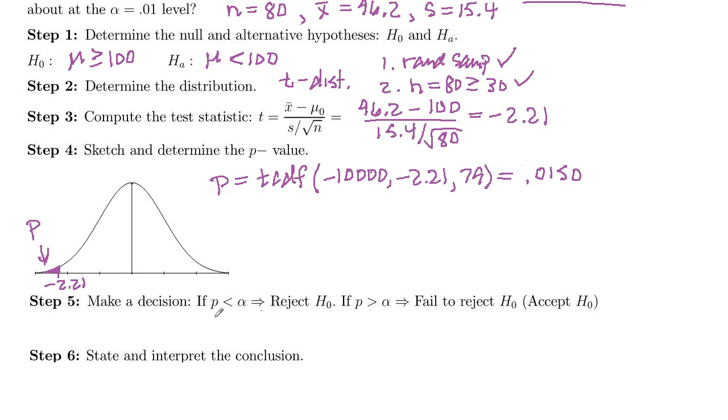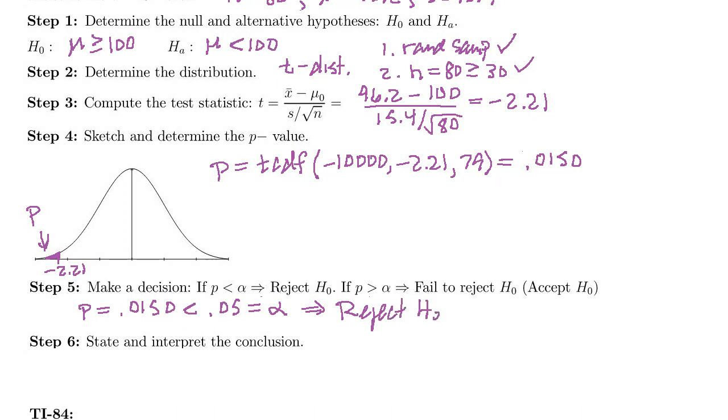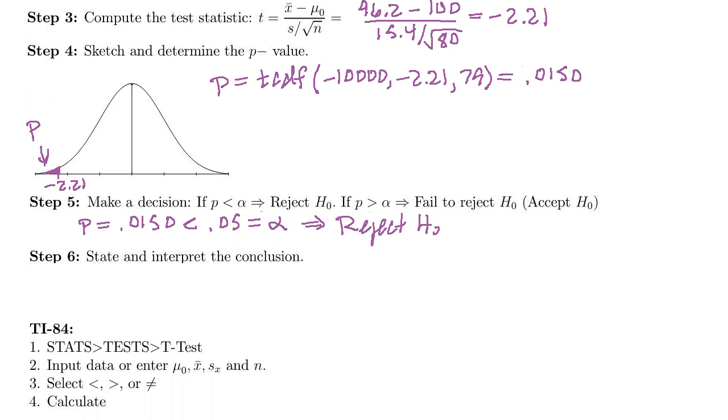Make our decision. So our p-value here is 0.015, and that is less than our alpha right there, 0.05. So that's going to tell us reject H0. And then go ahead and interpret that conclusion.